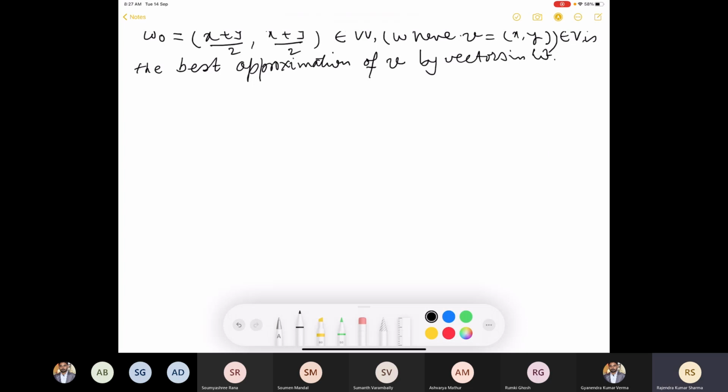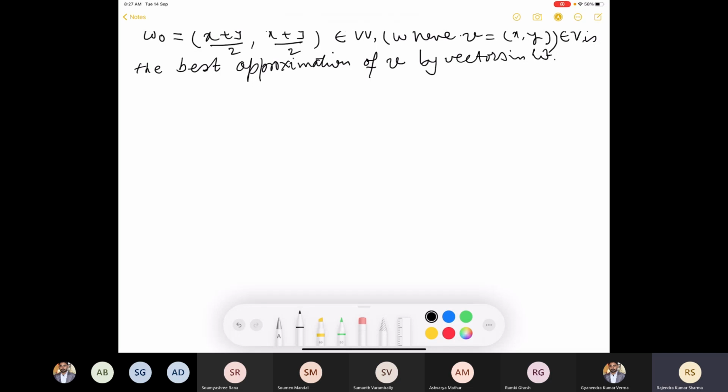So for any particular v, say for example, v is (1, 1), in that case this w naught becomes (1, 1). That means the point itself, because in that case both v and w naught will be in the subspace w, and these fall on the same line. In that case, the two are equal.